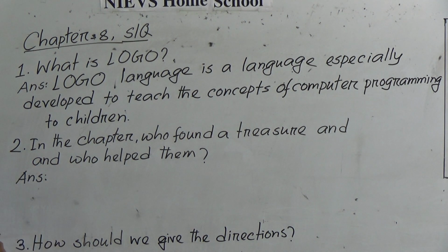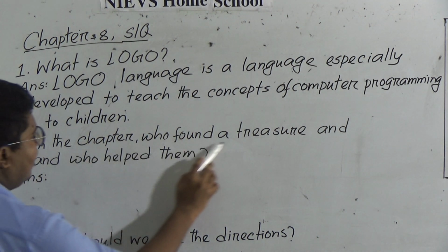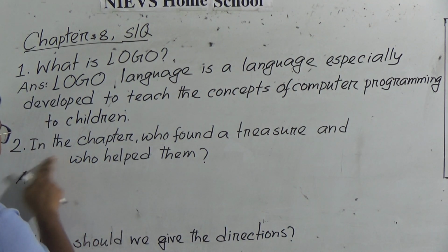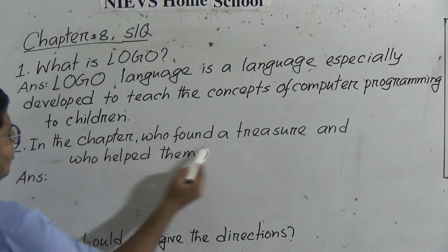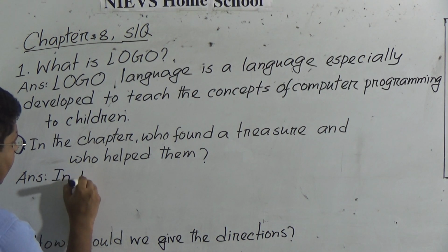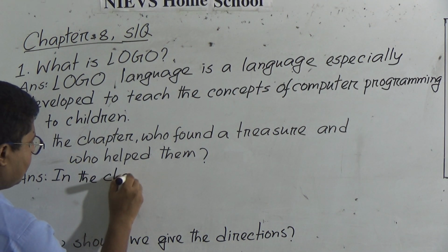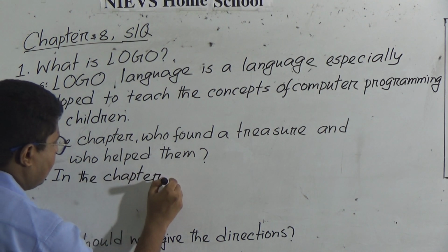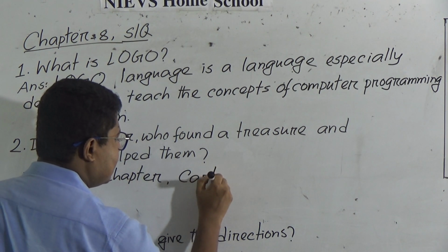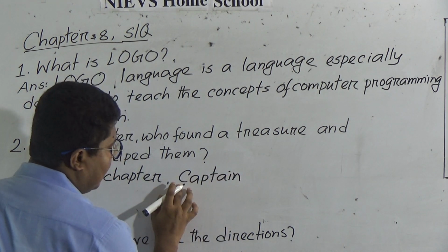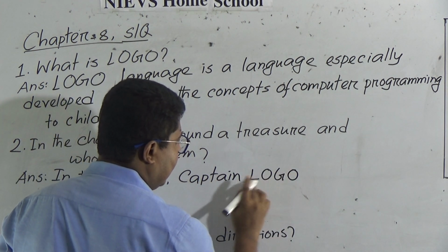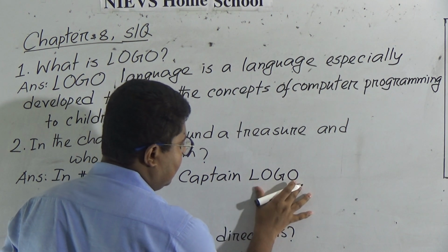Next short question 2. In the chapter, who found a treasure and who helped them? So we will write in the chapter, comma, who found a treasure, Captain Logo. Captain, C will be capital letter, Captain Logo, every letter will be in capital letter.